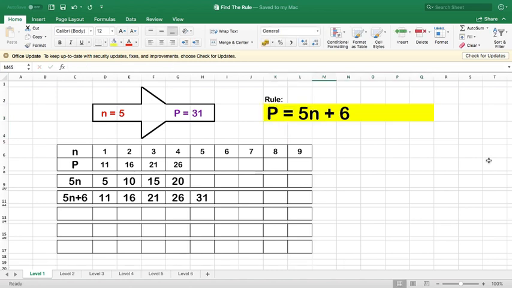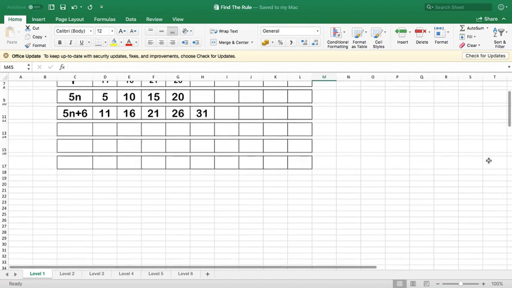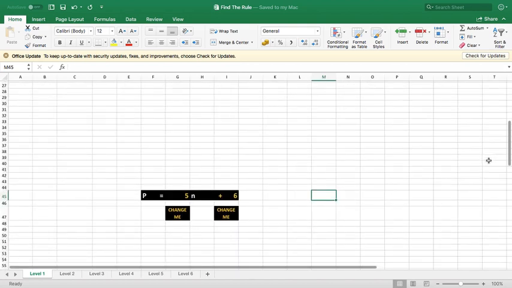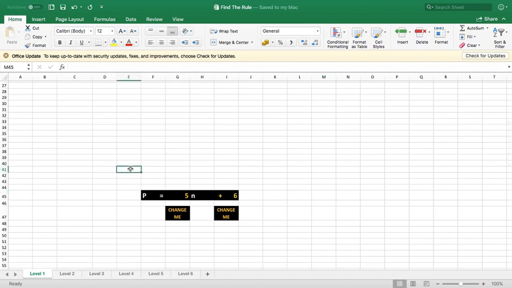So this is a spreadsheet that I've made myself, and I'm making it available to my MYP5, so you will get a link to this. And if you go a bit further down, you've got all of the bits that make it work. So down here I've got my rule, p equals 5n plus 6.